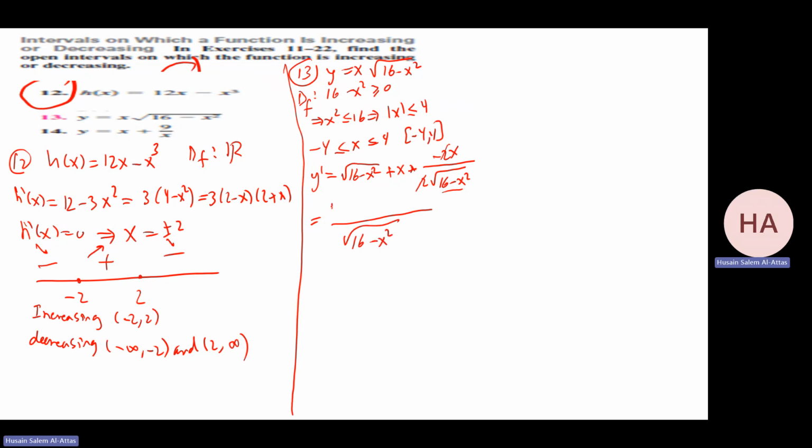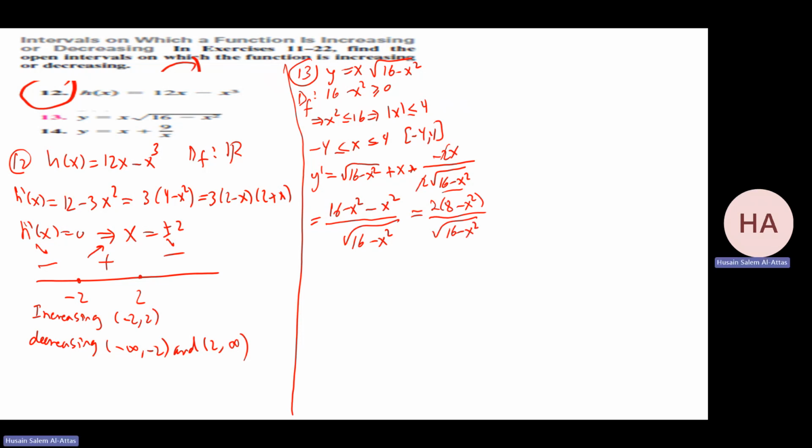That gives me 16 minus x squared minus x squared. That will make it 16 minus 2x squared. I can take 2 common factor, and I have 8 minus x squared over this.